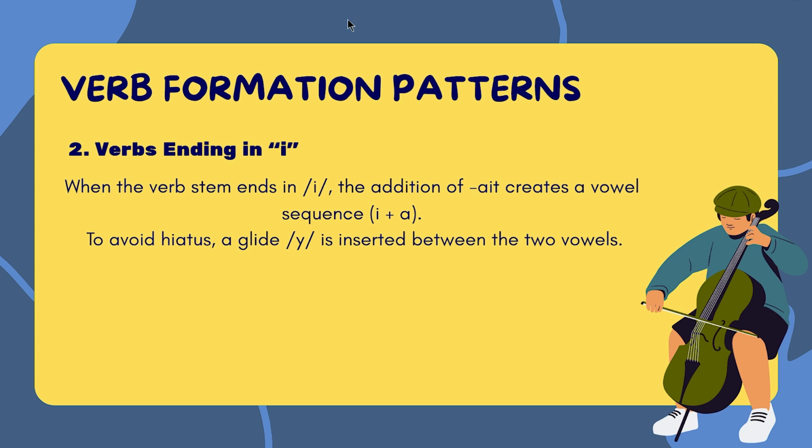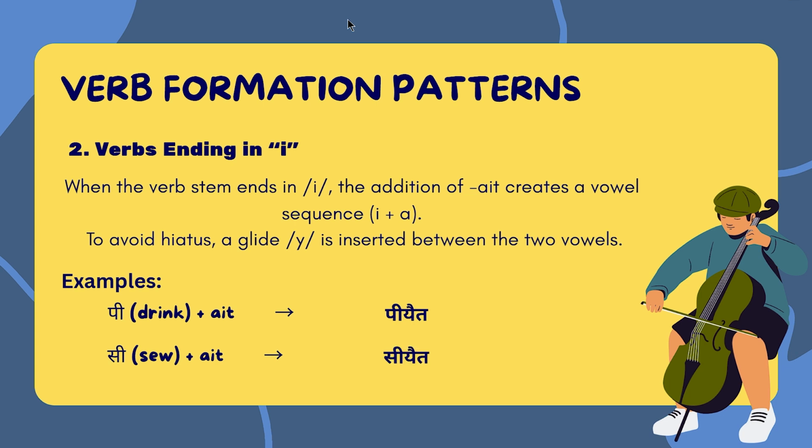So again, it's better to understand this through an example. So something like p, again notice that it ends with e. So when we say p in the simple present form and attach 8 to it, we get p8th. Similarly, c is to sew, okay, and it becomes c8.